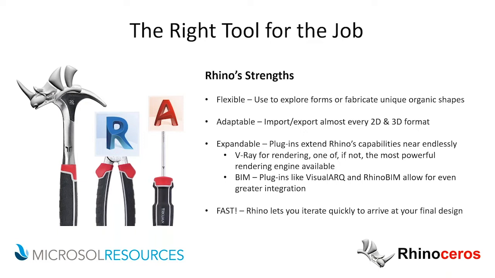It's got V-Ray capability, which is one of the most powerful rendering engines. It also has its own built-in rendering engine as well. And if you're interested, it's got several different plugins for BIM integration, but we're also going to look at Rhino Inside, which we think will be very valuable for this going forward. It's also really fast.